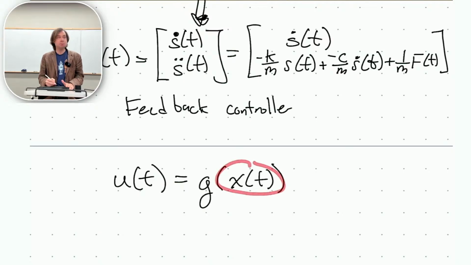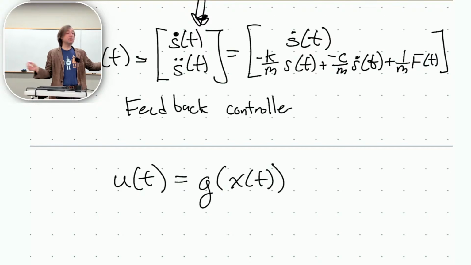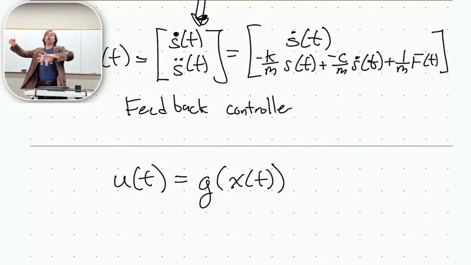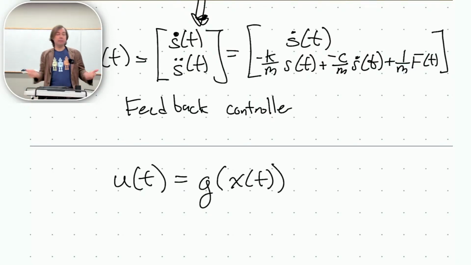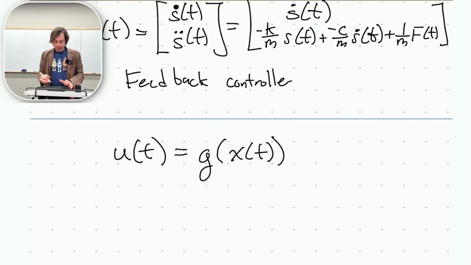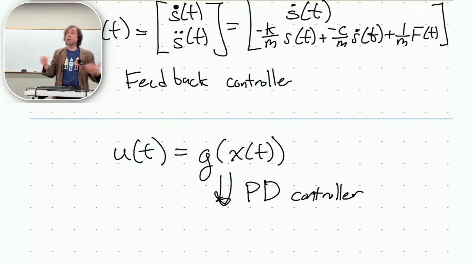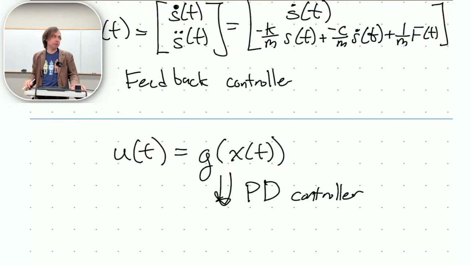This is our state. We measure it, and what we do is dependent upon where we are. That seems to make sense. We're out all the way over there, let's push us back. We're all the way over there, let's push us forward. There are many ways we can do that. The way we learn in Controls 1 is something called a PD controller. There's a PID controller, but we're going to skip the I for a few technical reasons. We don't need it, turns out.